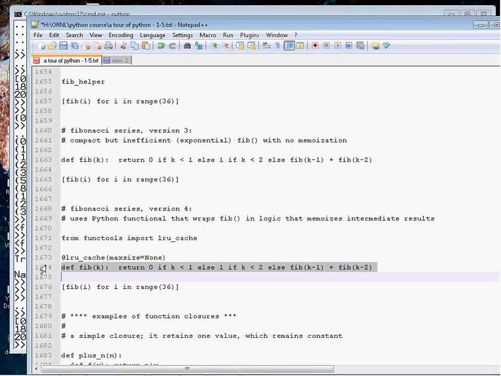What the LRU cache decorator does is incorporate the concept of memoization into your function. What happens with memoization is that the original function gets enhanced with processing logic that creates an internal table.